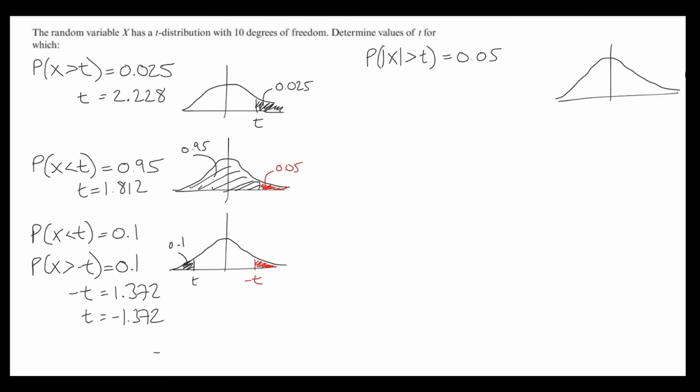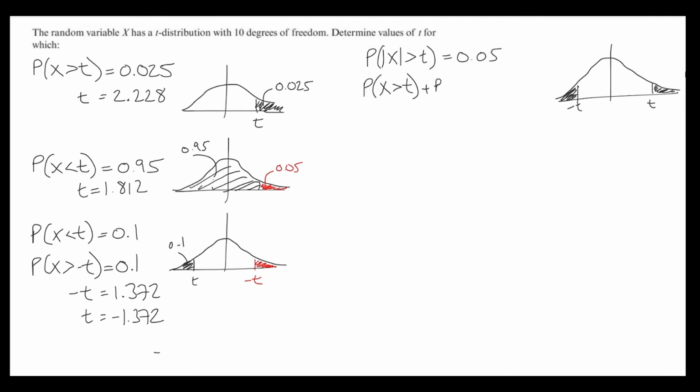This is easier to show on a diagram. So the x values, anywhere along the x-axis, should be greater than t. If it's negative, it should be smaller than negative t. As in, if you were to force the x value to be positive, it will be greater than positive t.